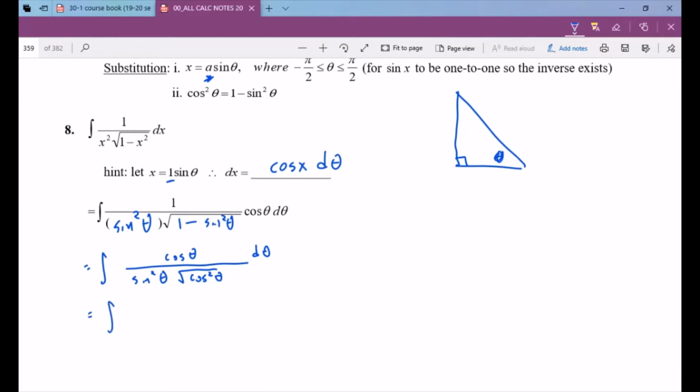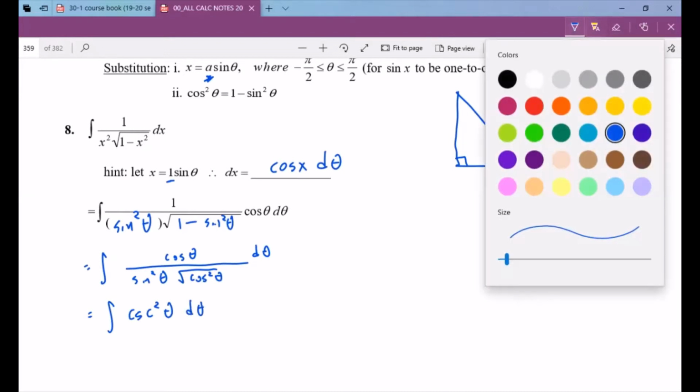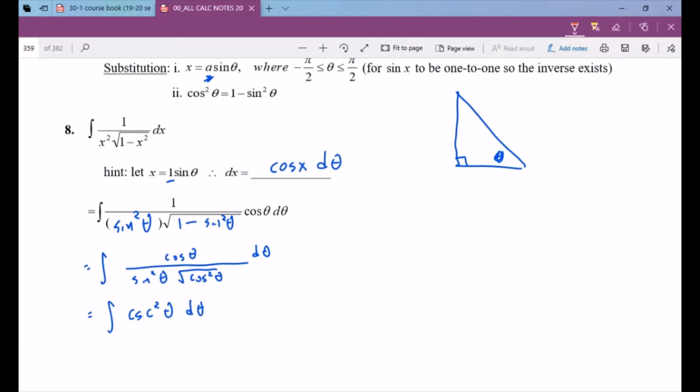So this ends up being the integral of cosecant squared theta d theta. Cos theta in the numerator and the square root of the cos squared in the denominator divide away, and we're left with 1 over sine squared, which is cosecant squared.